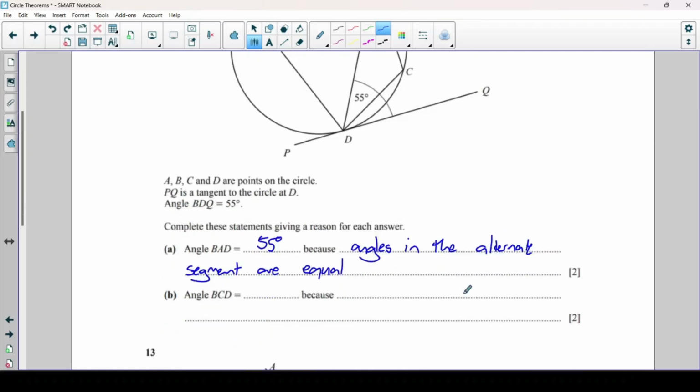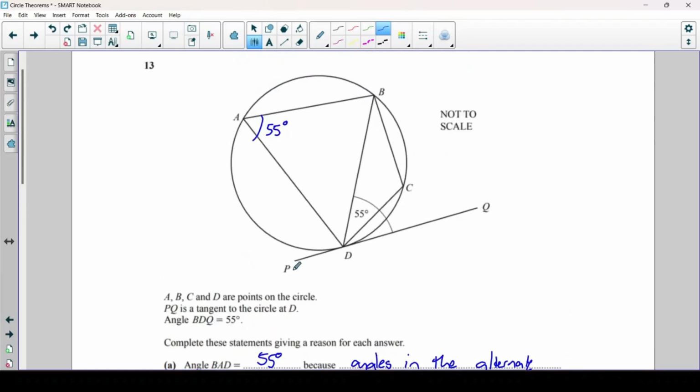And what do they want us to do next? Angle BCD. Okay, BCD is this one here. And here, if you notice, we've got a cyclic quadrilateral, all four points are on the circumference. So I'm going to do 180 take away 55, which is 125.